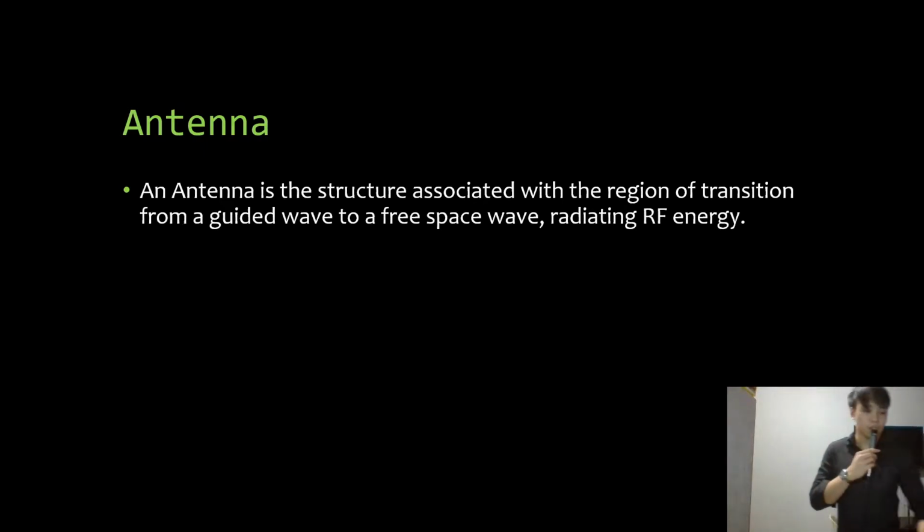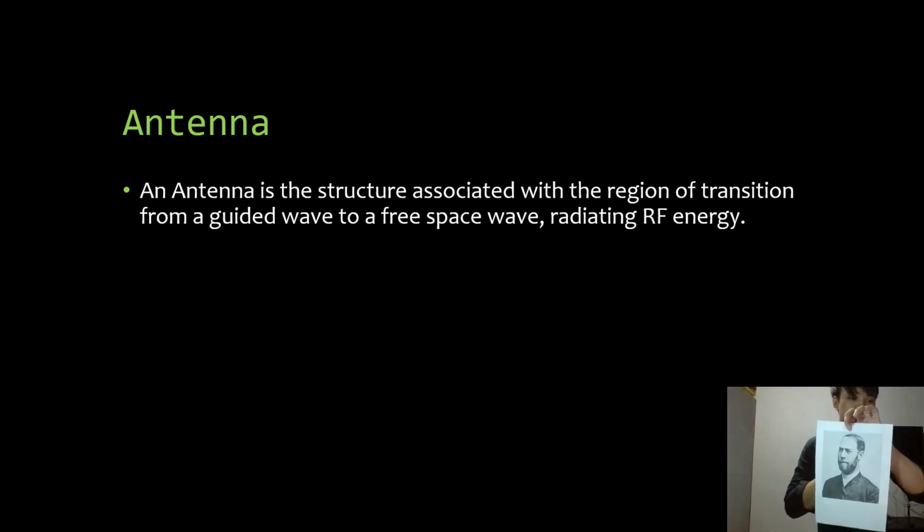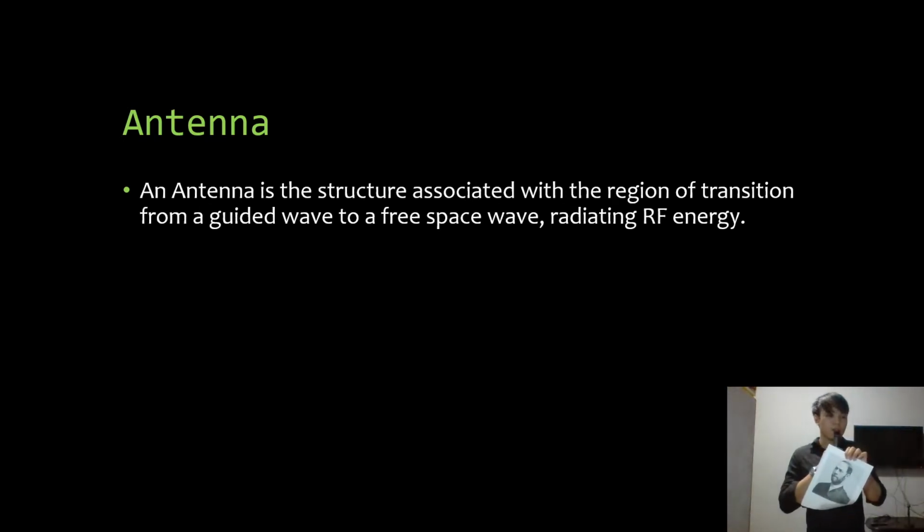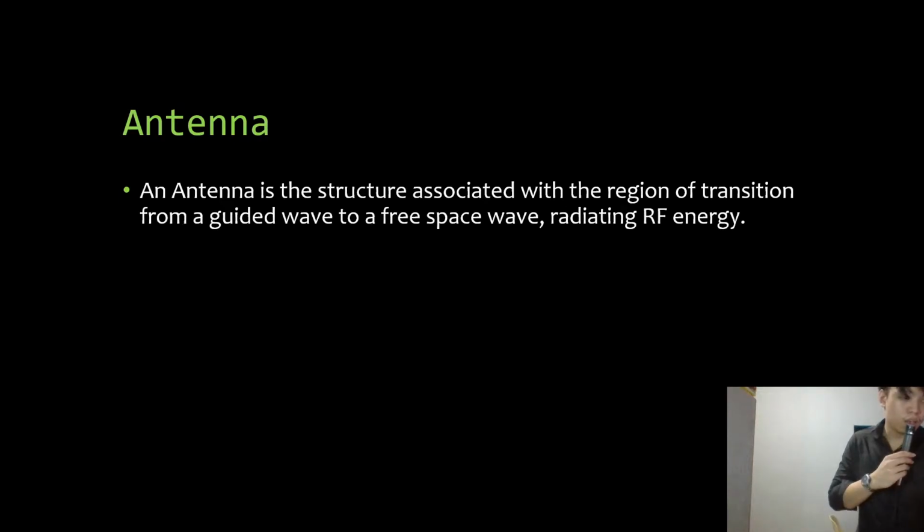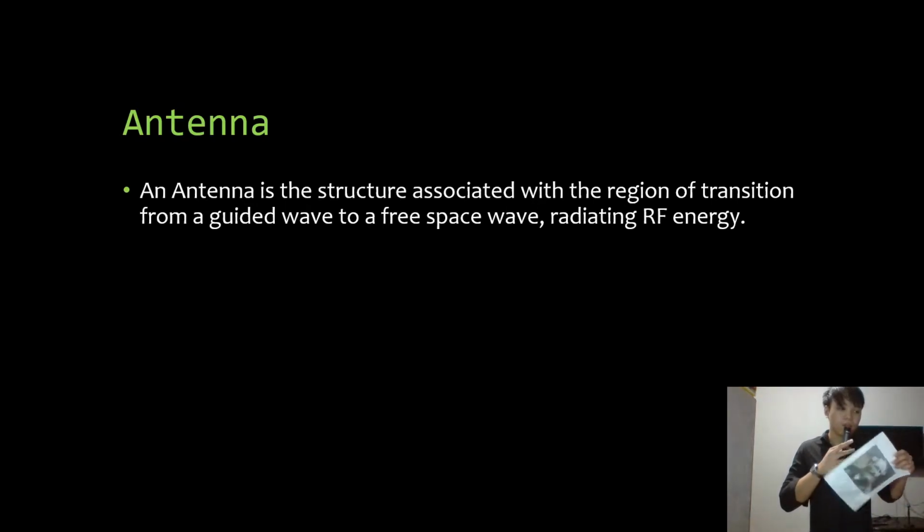The first antenna was devised by a German physicist, namely Heinrich Hertz. Here's a sample picture of the German physicist Heinrich Hertz. During the late 1880s, he carried out a landmark experiment to test the theory of the British mathematician James Clerk Maxwell.